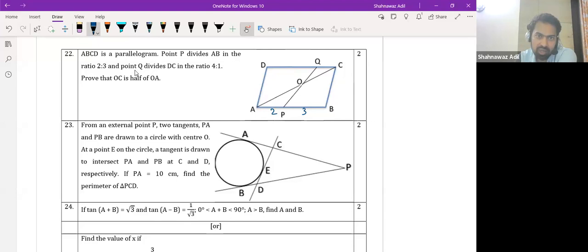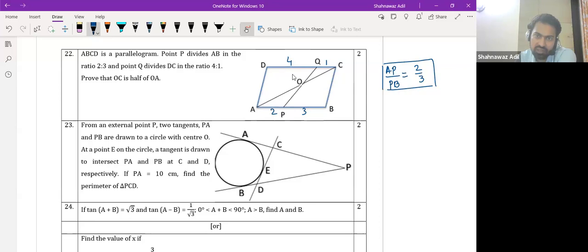And point Q divides DC in 4 is to 1. So this is 4 is to 1, right? Then we have to prove that. So it is given that AP by PB is how much? 2 by 3, right, guys?